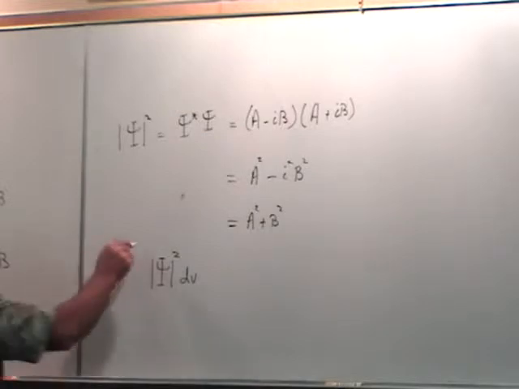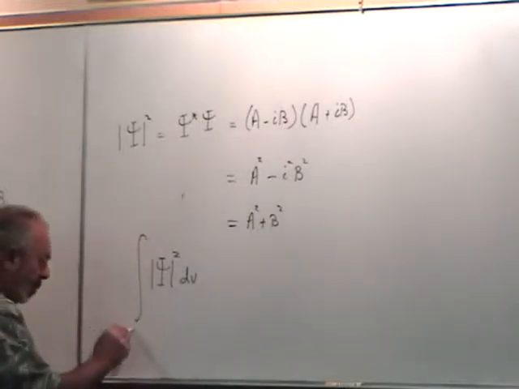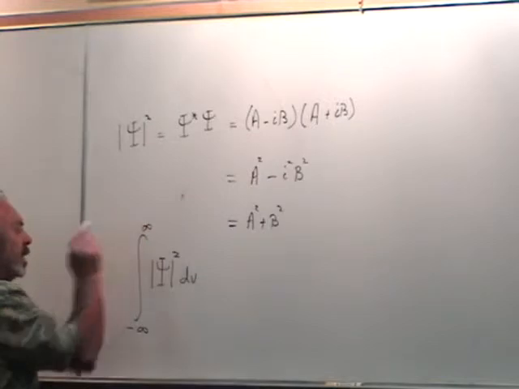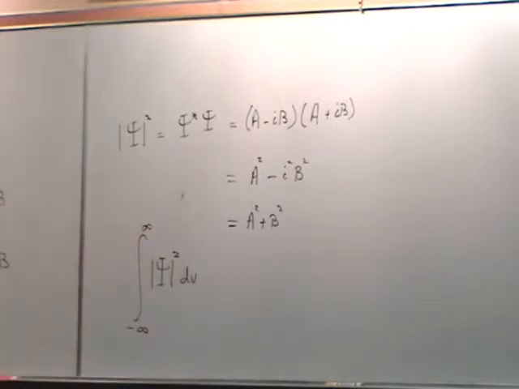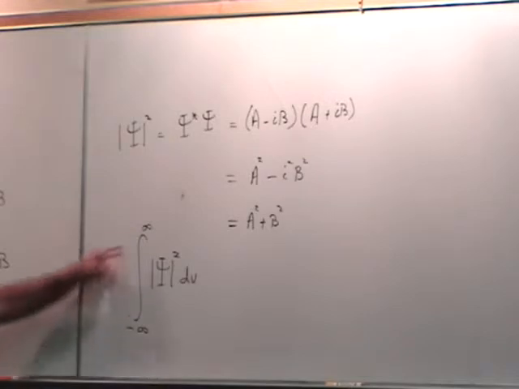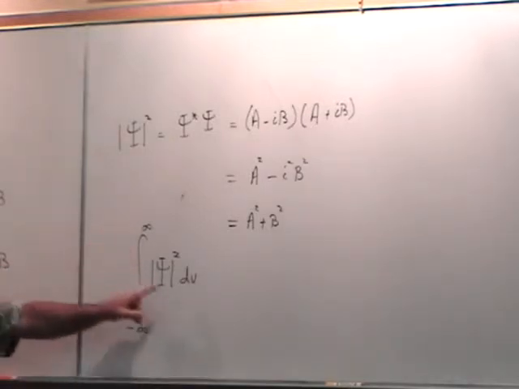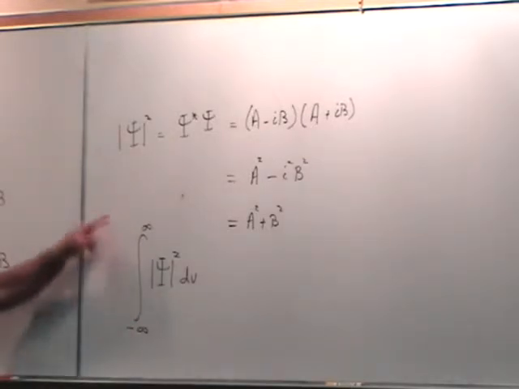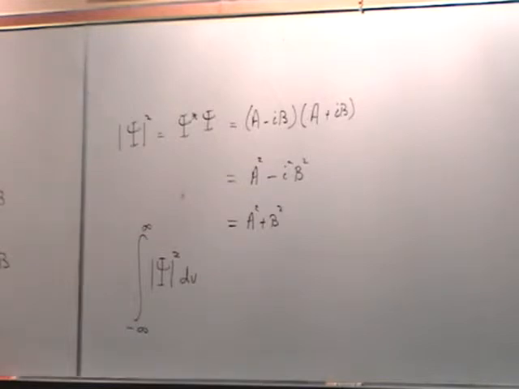Now, what I really wanted to ask was, when I integrate this thing from minus infinity to infinity, what am I doing? I'm adding up all possible probabilities, right? The way I like to think about it is, if I'm integrating over volume from one infinity to the other, of course, I'm searching all logical space. And I'm adding up all the probabilities from all the places in space.